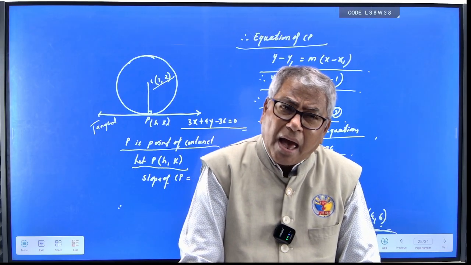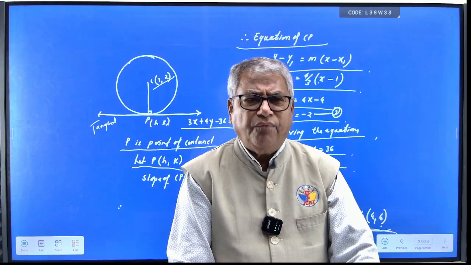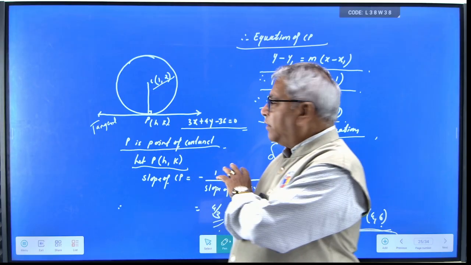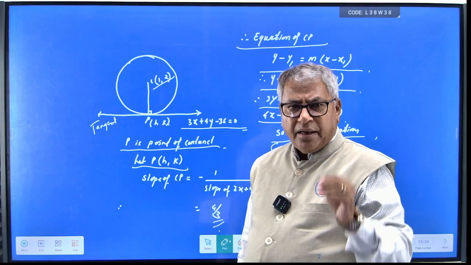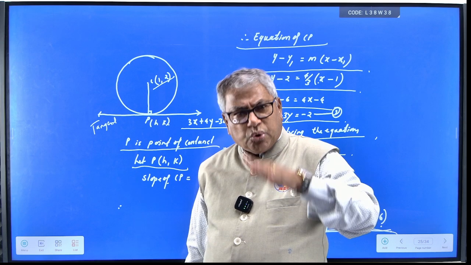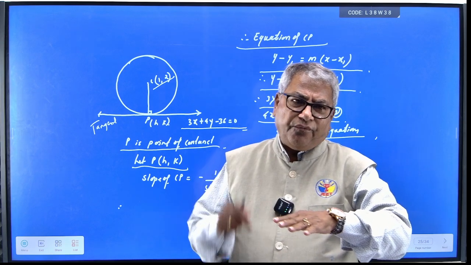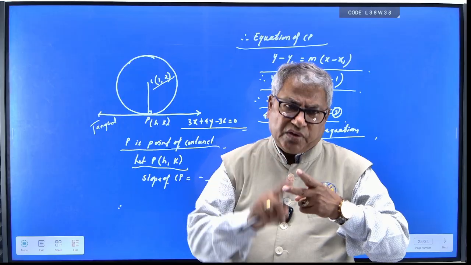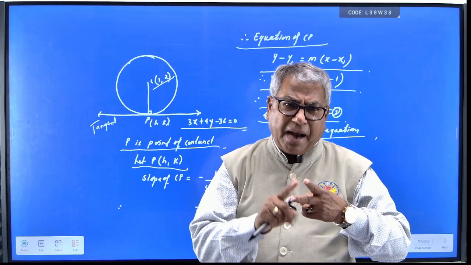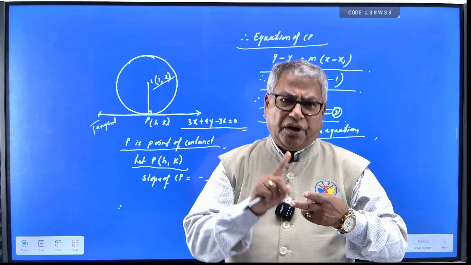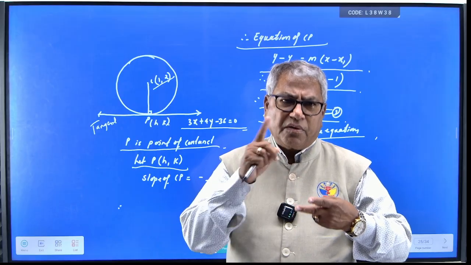So you see that a particular line is given and we have to show it is a tangent. What to do? What have we done first? We have found the radius and center. Then we have drawn the perpendicular from the center on the line, and if it is equal to the radius, the line becomes a tangent.